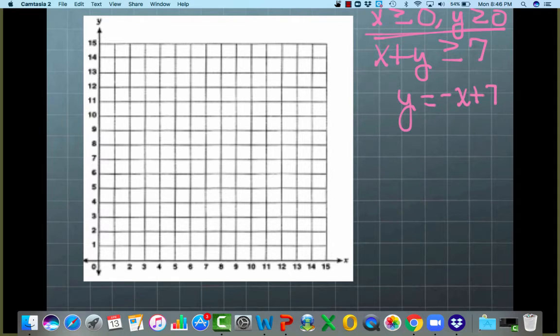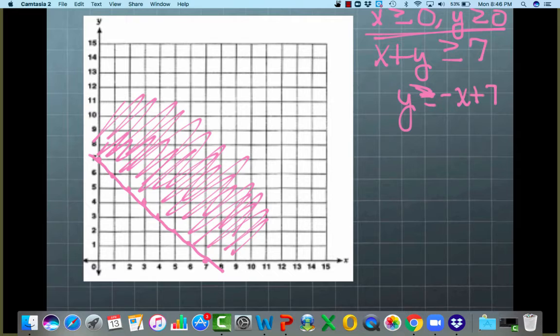You do need to be very careful about plotting because these graphs have to be really accurate. We go down 1 over 1, and since this was greater than or equal to, it will be a solid line. Then I shade everything above that line, because it was greater than or equal to. I want everything on this side of the line.